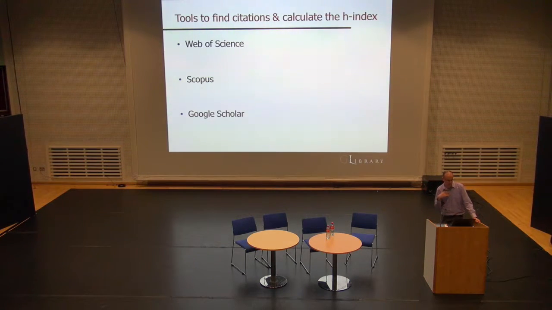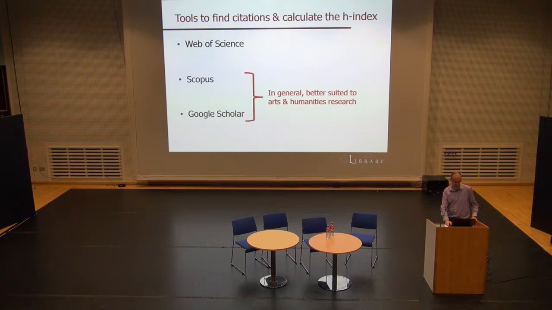Some of the tools to find citations and calculate the H-index: there are 3 main tools, Web of Science, Scopus, and Google Scholar. Web of Science has arts and humanities publications, but is very much focused on science and social sciences.